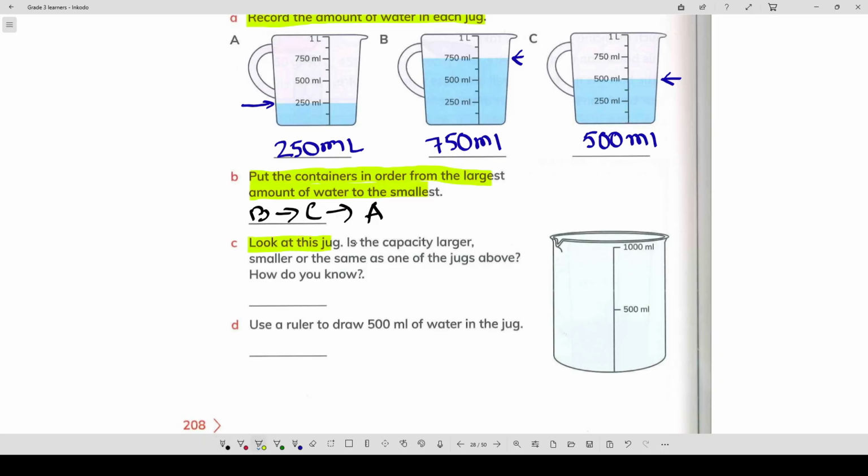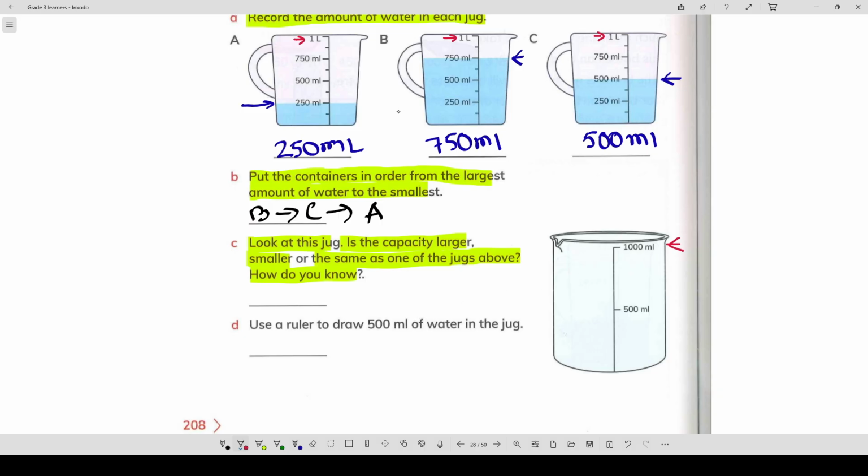Now look at this jug. Is the capacity larger, smaller, or the same as one of the jugs above? How do you know? So first, if we compare the jug capacity here, 1000 ml, right? 1000 ml, that means the capacity is the same as A, B, C, D. Because A is 1 liter, it means 1000 ml, B also the same, C also the same.